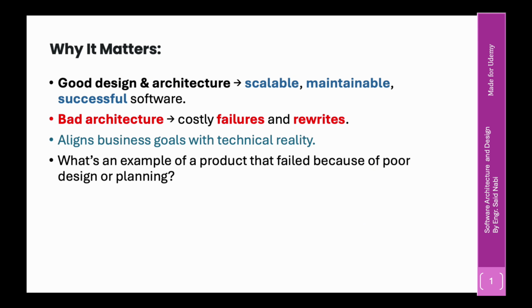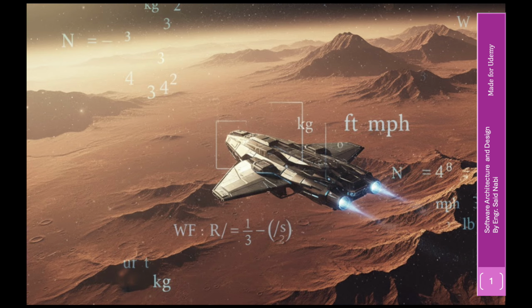What's an example of a product that failed because of poor design or planning? Do you know any system that failed due to poor architecture and design? Let's talk about NASA's Mars Climate Orbiter that was meant to study Mars, but it crashed into the planet because of a software error.